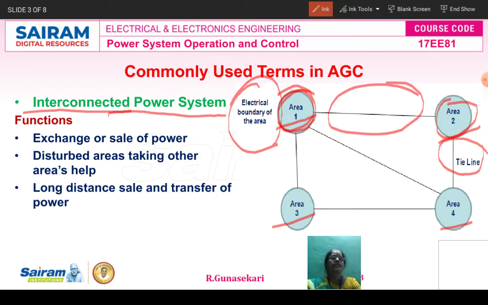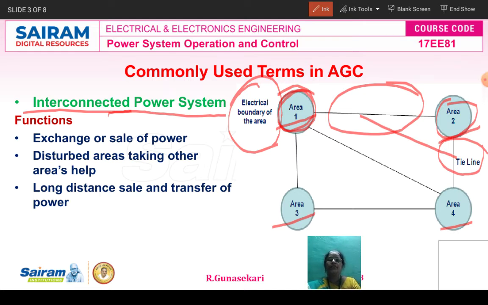Suppose area 2 has a shortage of power, area 1 sells the power to area 2, or area 1 buys power from area 2, whatever it may be, either exchange or sale of power through the tie line between the two power systems in the interconnected power system.